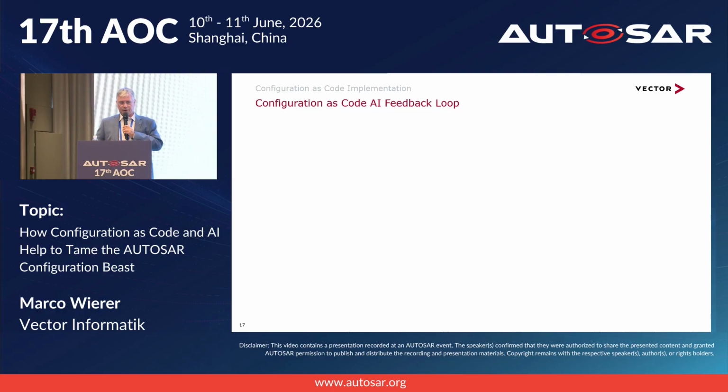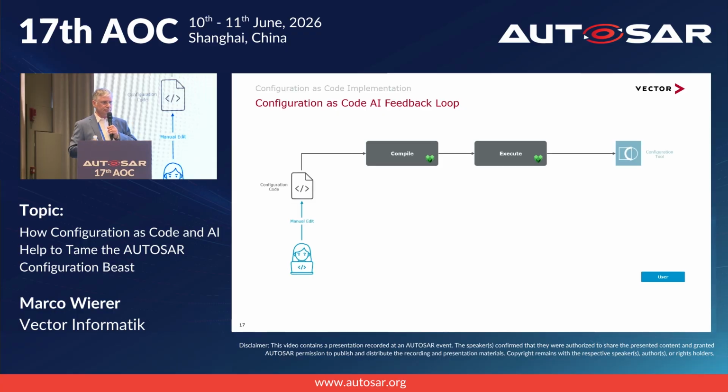Okay, now let's have a look at how the workflow actually looks like. I start without a coding agent. Here on the bottom, I don't know if you can see it, there's our developer working on the configuration code in a manual way.